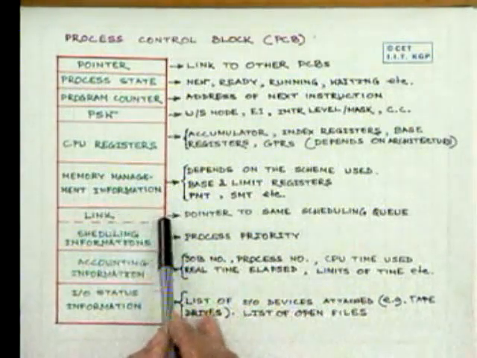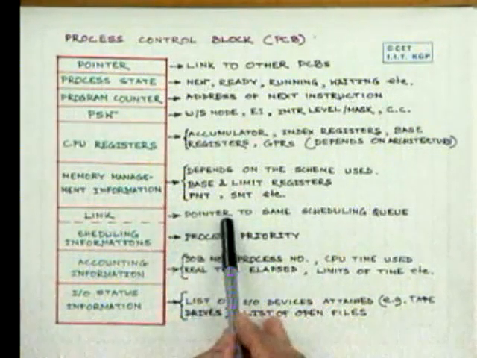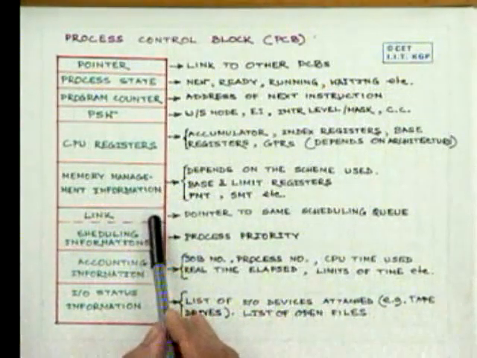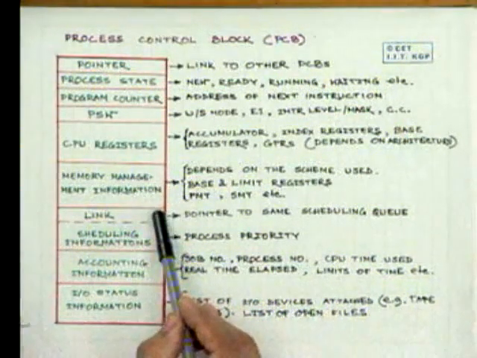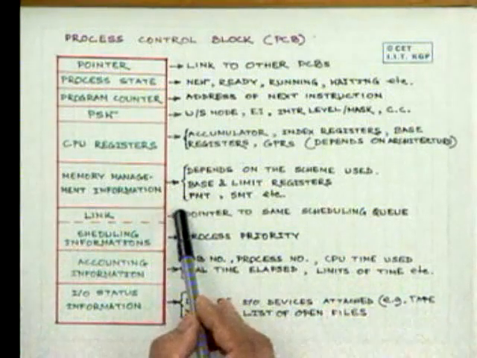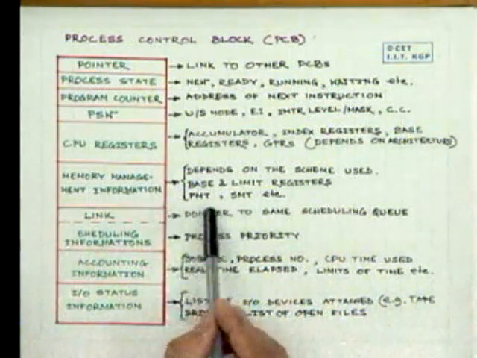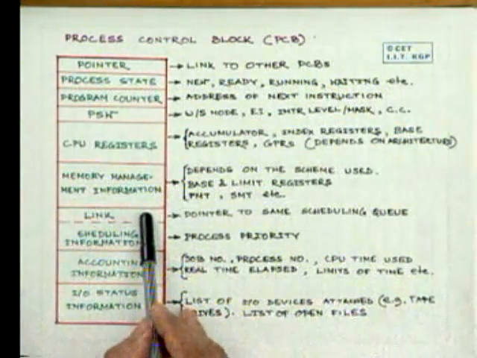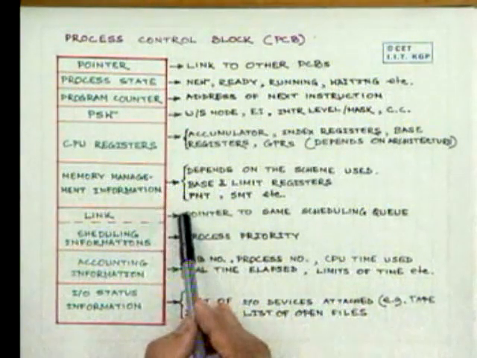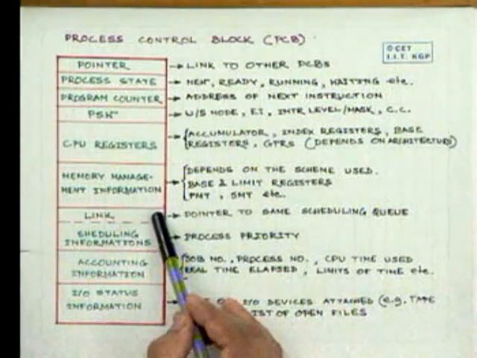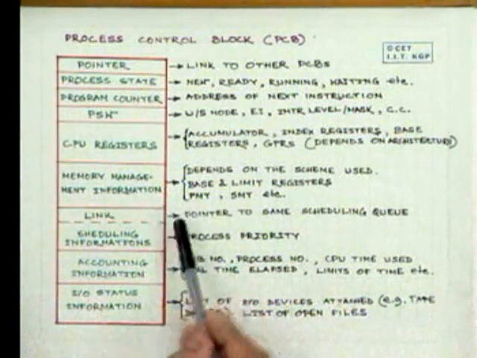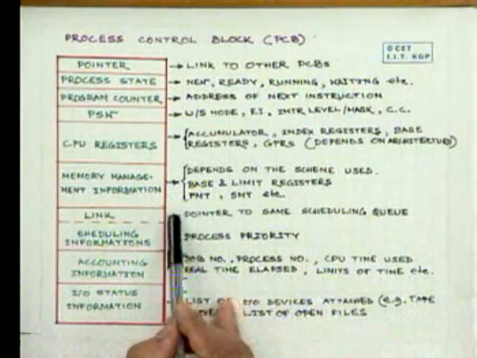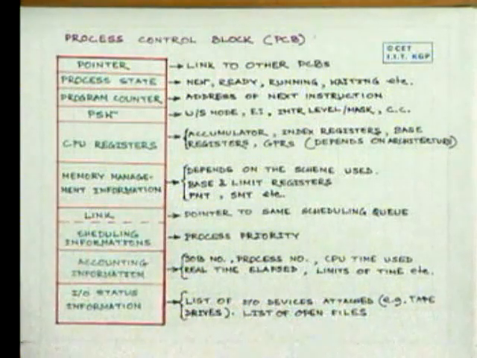Now, this link is a pointer to the same scheduling queue. For example, if the process is in the ready state, this link will point to the other PCBs in the ready state. If it is waiting for I/O on a particular device, this link will point to the waiting list for that device. Therefore, this link depends upon which state the particular process is in.